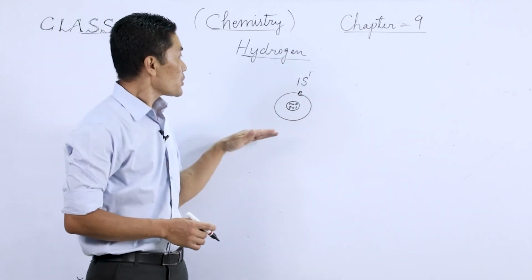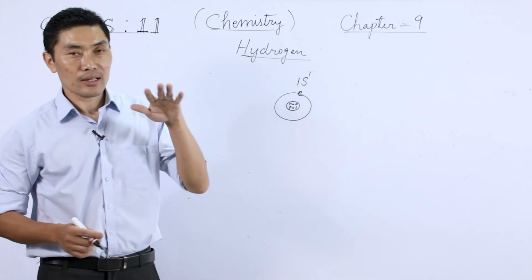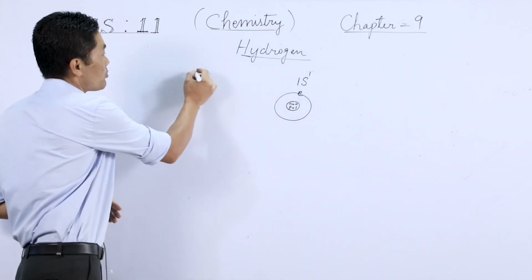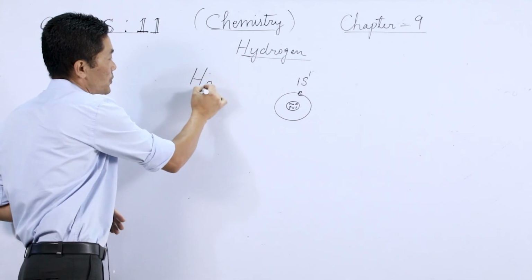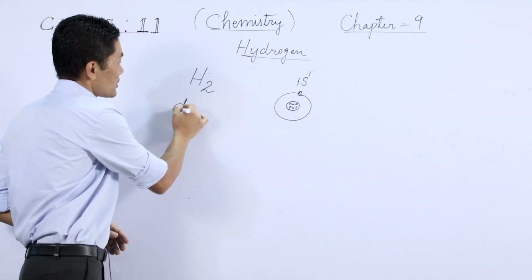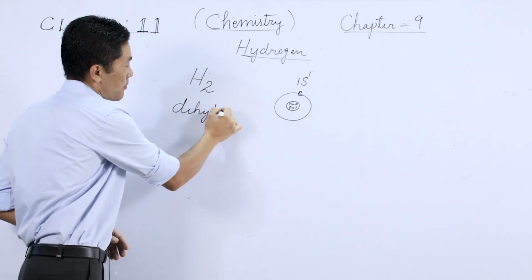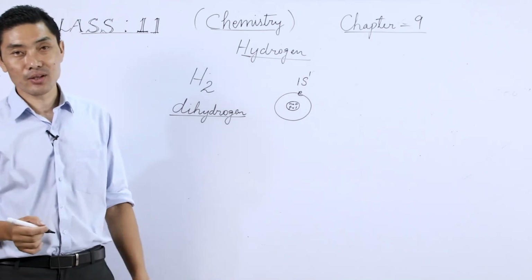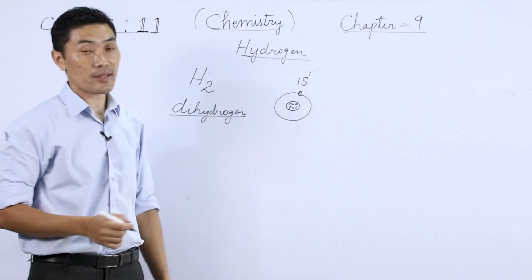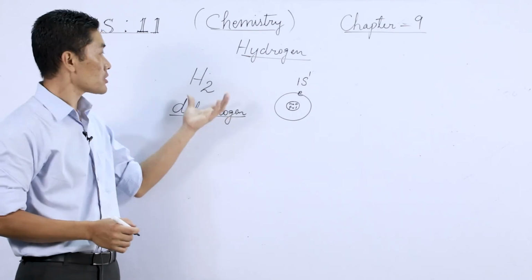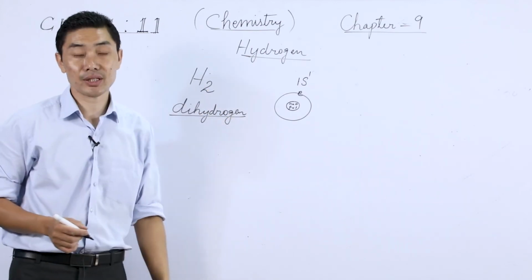Now, hydrogen in its gaseous state exists as a diatomic molecule, H2, and therefore we call this dihydrogen also. So for the sake of simplicity, we refer to it as hydrogen only, but it is also called dihydrogen because in its molecule there are two hydrogen atoms.